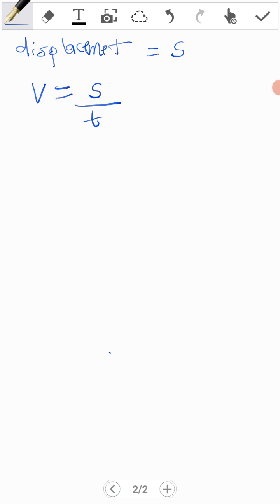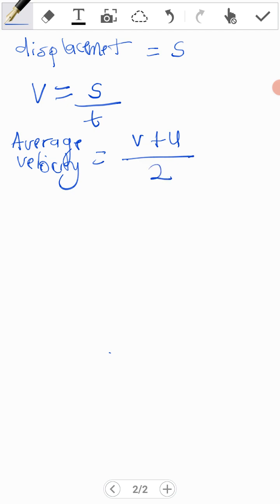And with this same average velocity, we can say that it's equal to v plus u, that's the final velocity plus the initial, all divided by 2.